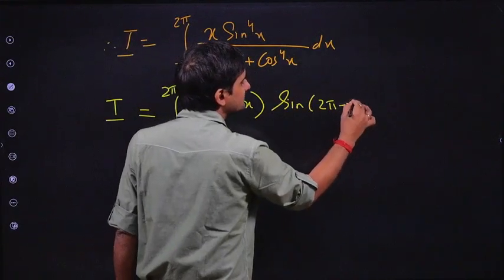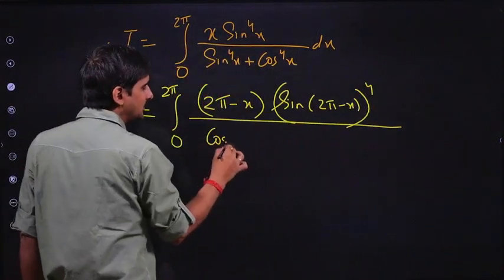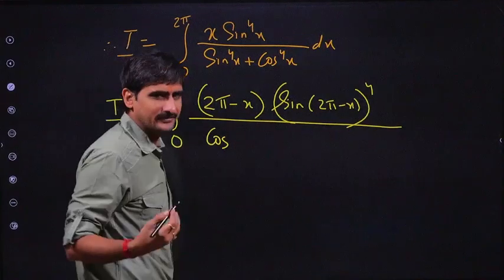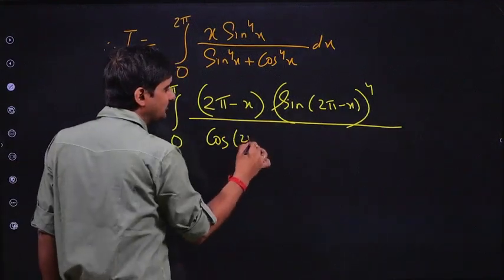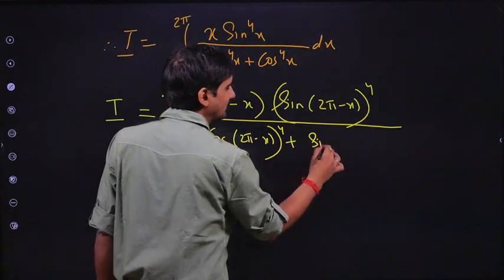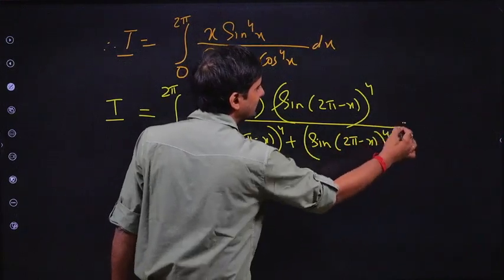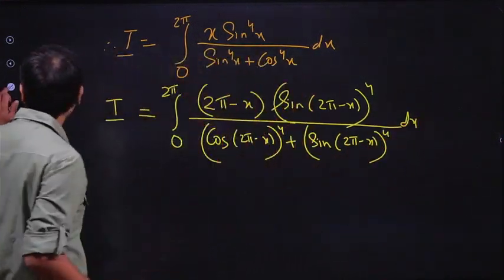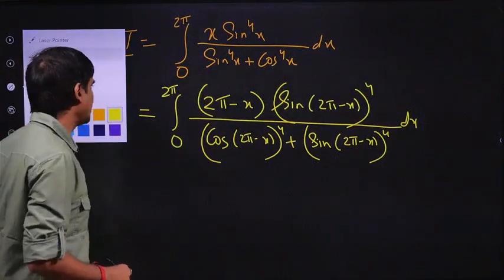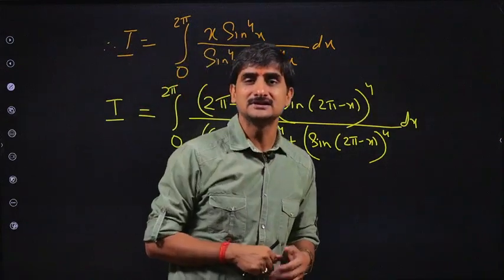Sine of 2 pi minus x raised to the power 4 upon cos of, or sine of, doesn't make any difference, a plus b or b plus a, same. So 2 pi minus x raised to the power 4 plus sine of 2 pi minus x whole raised to the power 4 dx. We know sine of 2 pi minus theta is actually minus sine theta, and cos of 2 pi minus theta is cos theta.